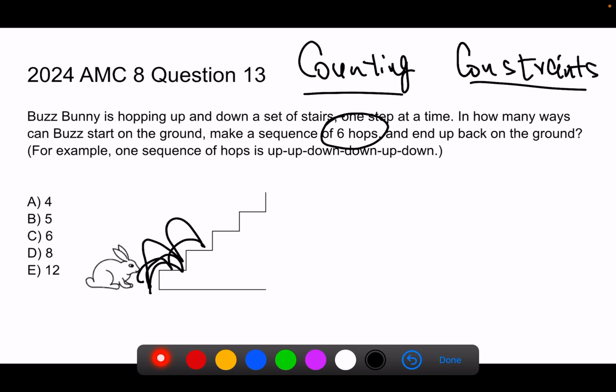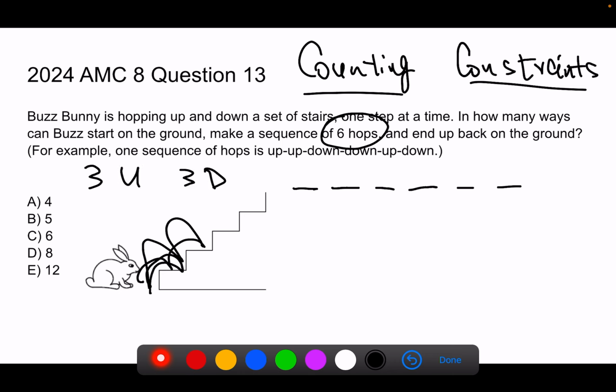6 moves, and you want to come back to the ground. 1, 2, 3, 4, 5, 6. How many ups and downs should you have to come back to the starting position? The answer is I need 3 ups and 3 downs.